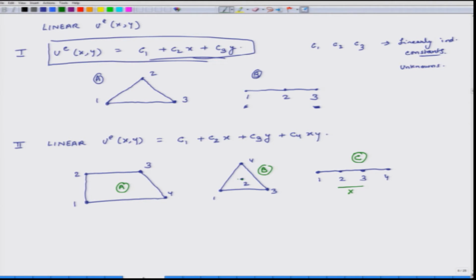Here also the same logic which we used in case C applies. If you do the mathematics, you will find it out. So, if I have a function u^e which is equal to C1 plus C2x plus C3y plus C4xy, this type of variation of u can exist on a 4 noded quadrilateral.